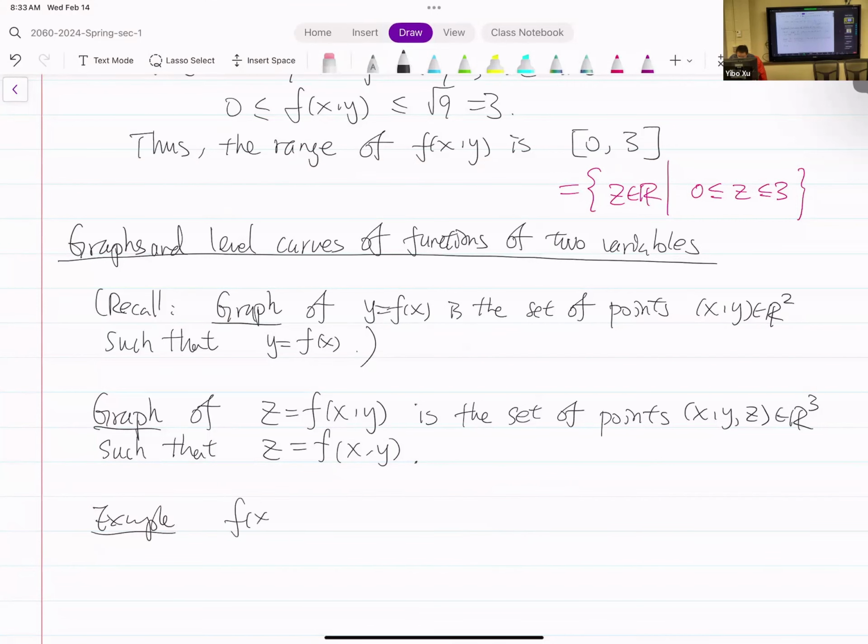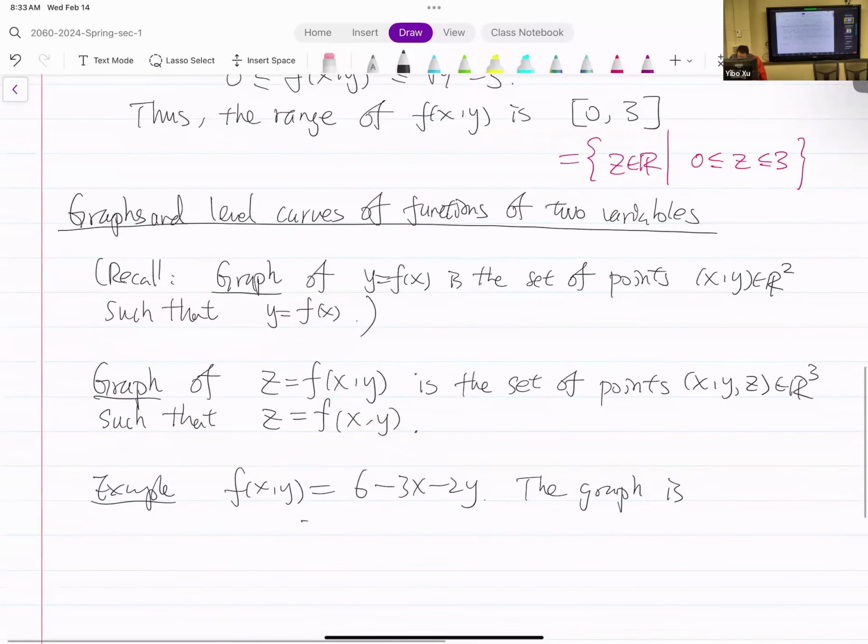Example. If we think about f of xy, I would say that the simplest kind of function is the linear function, right? So basically we just have linear expressions, 6 minus 3x minus 2y. The graph is what? It's a plane, right? So this is exactly z equals 6 minus 3x minus 2y.